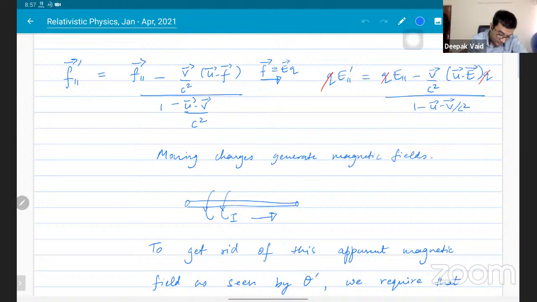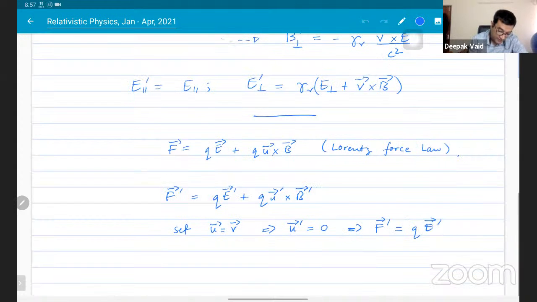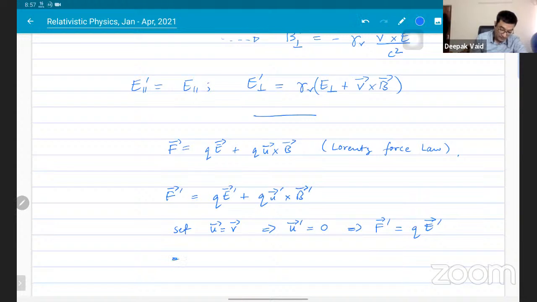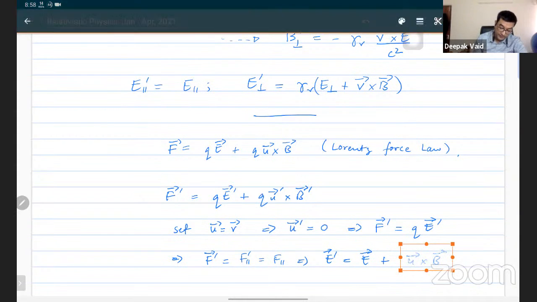The parallel component of the force doesn't change when u is equal to v. So that means F prime is equal to F parallel prime is equal to F parallel. So you get E prime is equal to E plus U cross B. Okay. No, there's no Q over here, right?